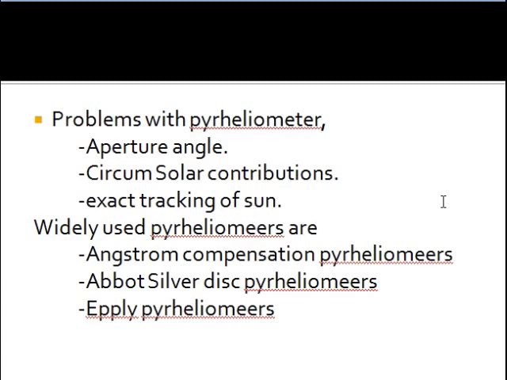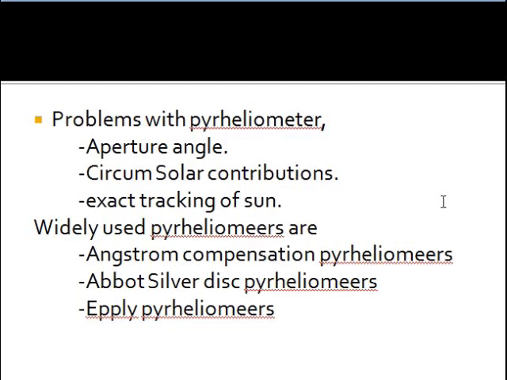Even maintaining the aperture angle is very difficult. And exactly tracking the sun with respect to its angle of rotation is again a problem. That can be reached to some accuracy, and it can be managed.